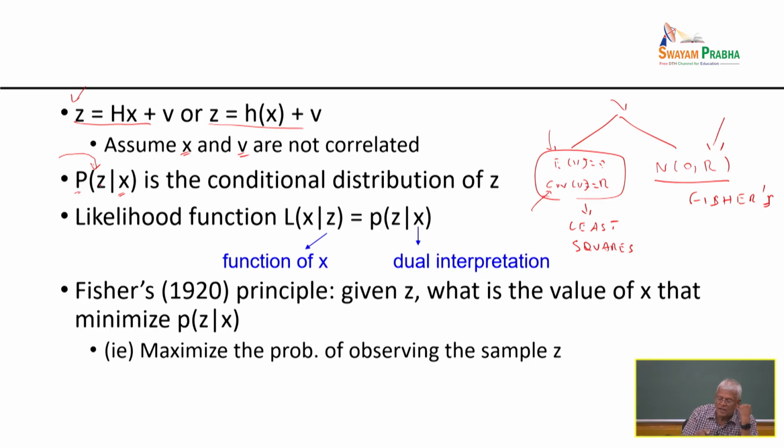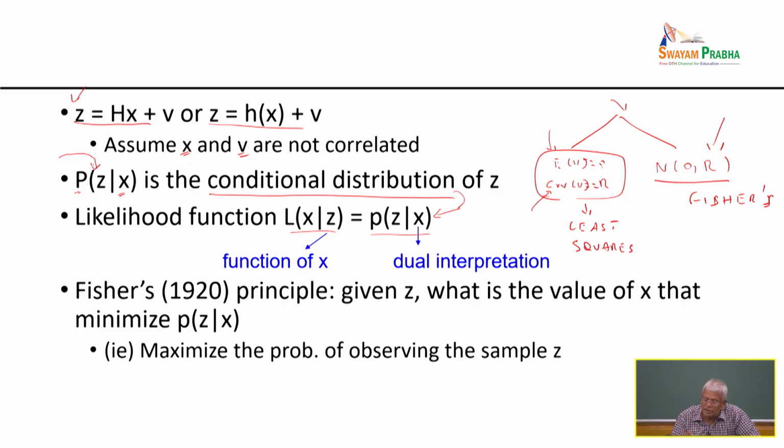So, P z of x is called the conditional distribution of z given x, because Mother Nature has already picked x and z is conditioned on the choice by Mother Nature for the value of x. This P z of x, there are two variables, remember, z and x. If x is given and considering z as a random variable that depends on x, that's called the conditional distribution.